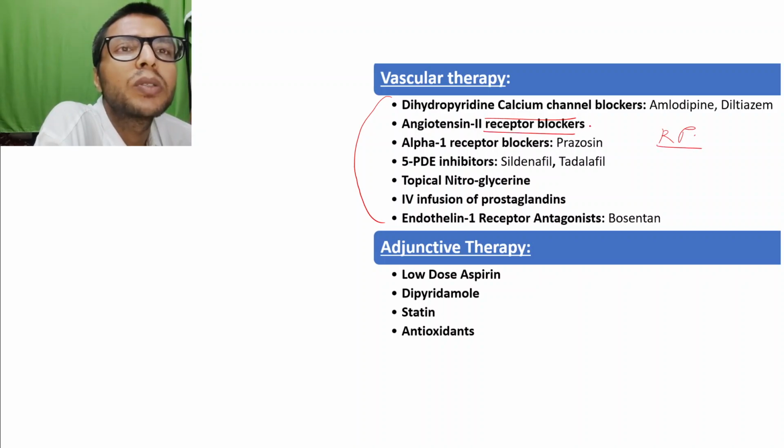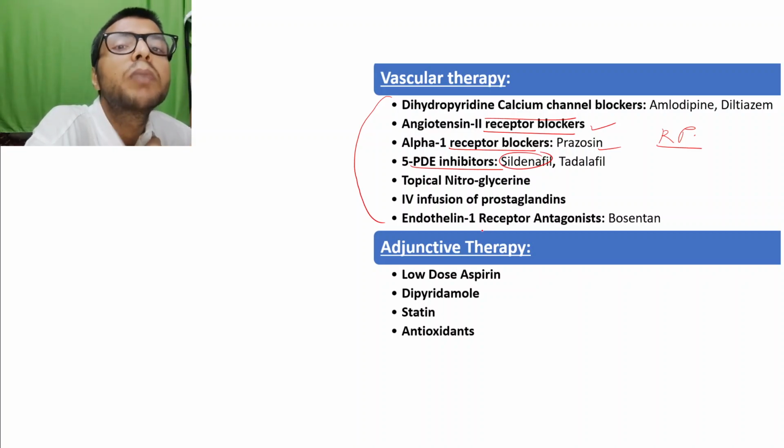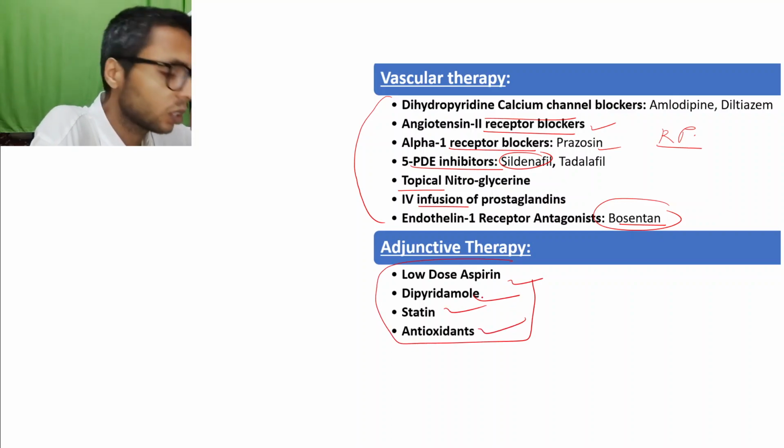ARBs, these can be used for scleroderma renal crisis. Alpha 1 blockers if hypertension, 5-phosphodiesterase inhibitor sildenafil, that can be used in pulmonary artery hypertension. Similarly, topical nitroglycerin, IV prostaglandin, endothelin antagonist, these also can be used in pulmonary artery hypertension, and these are other adjunctive therapies like aspirin, dipyridamole, statin, antioxidants.